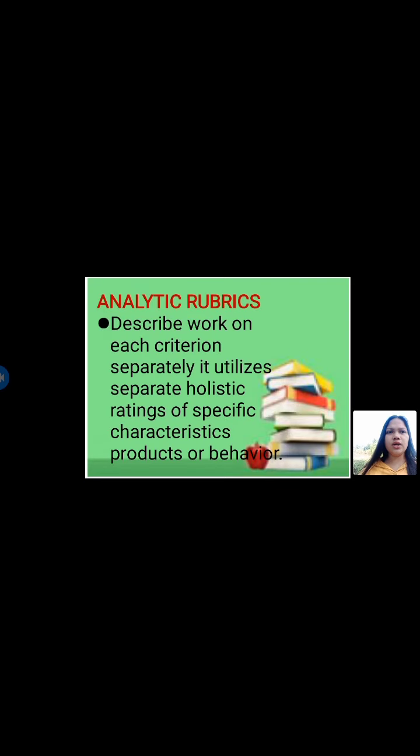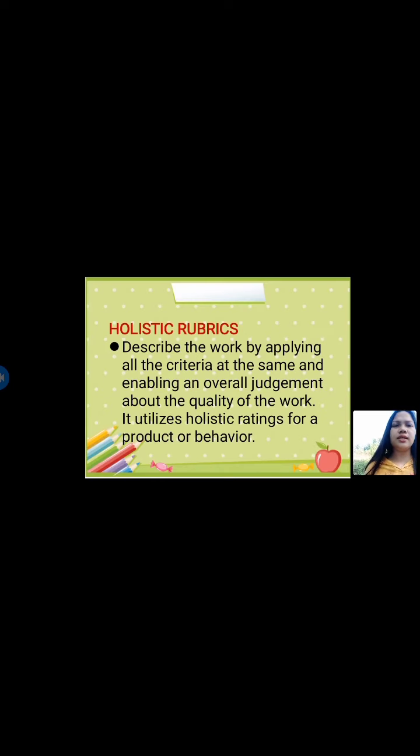So an analytic rubric describes work on each criterion separately. It utilizes separate ratings of specific characteristics, products, or behavior. Holistic rubrics describe the work by applying all the criteria at the same time, enabling an overall judgment about the quality of the work.